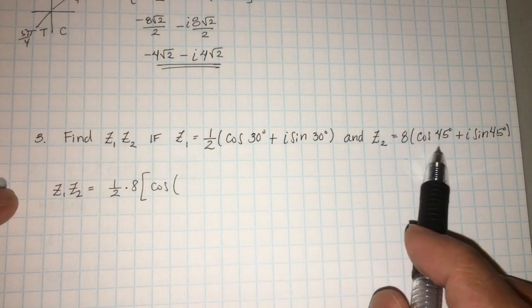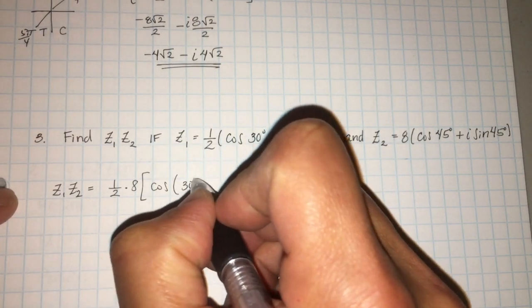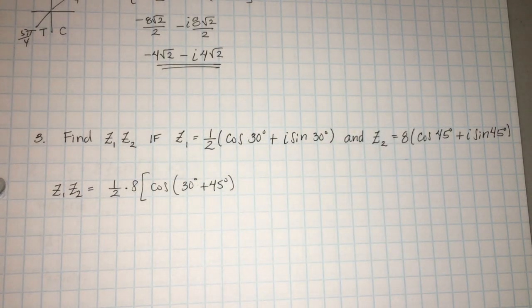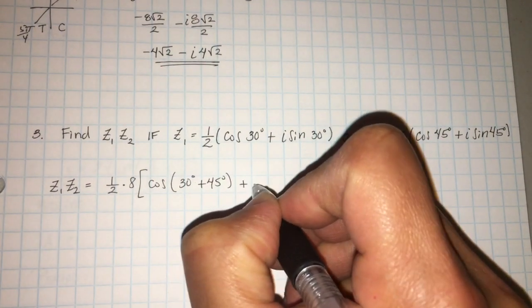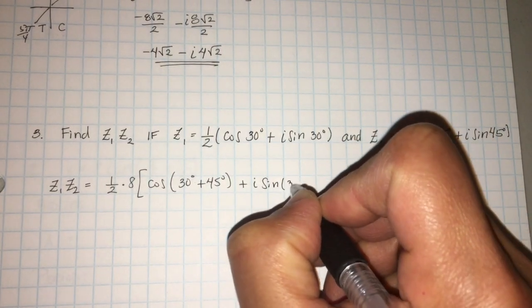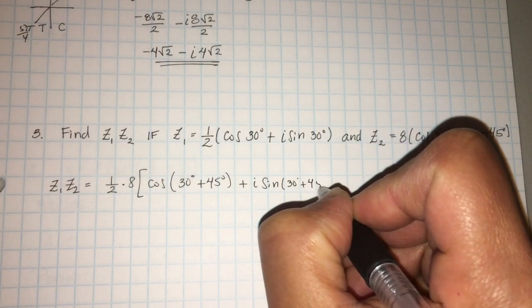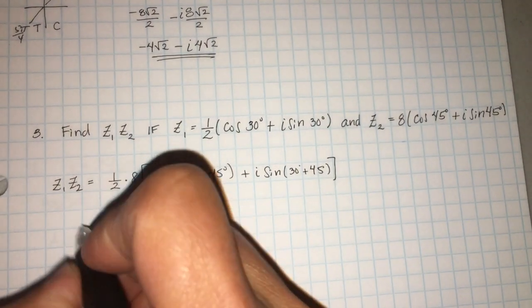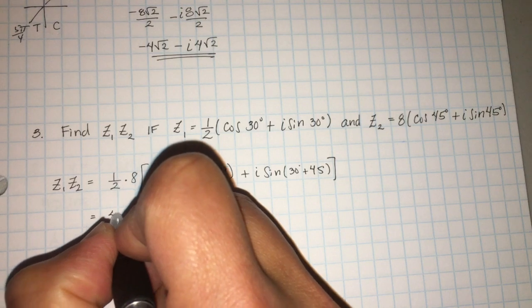We're adding 30 degrees plus 45 degrees. And then continue plus i sine of 30 degrees plus 45 degrees. Half of 8, that is easy. That's going to give me 4.